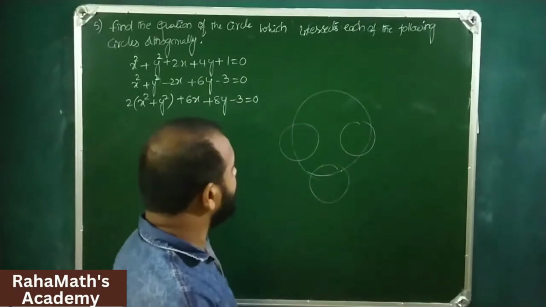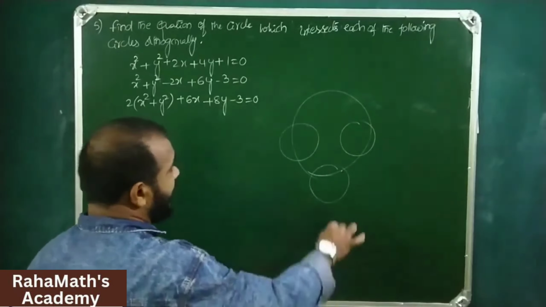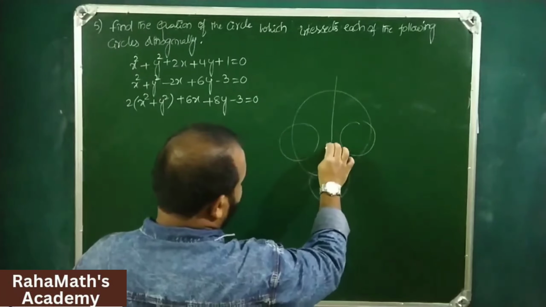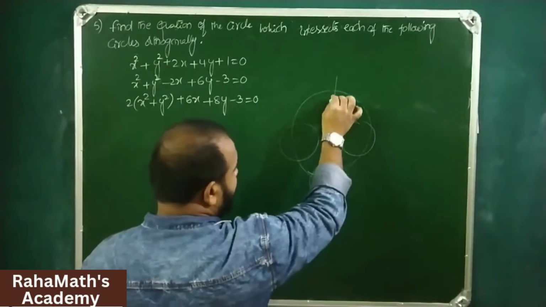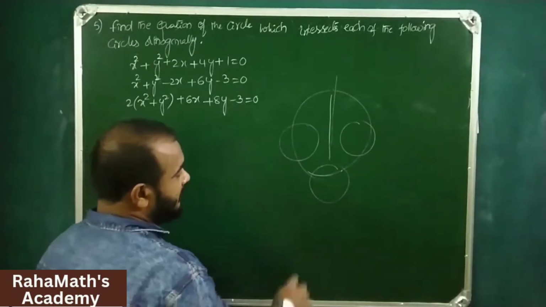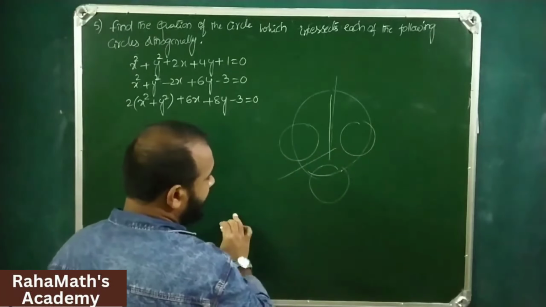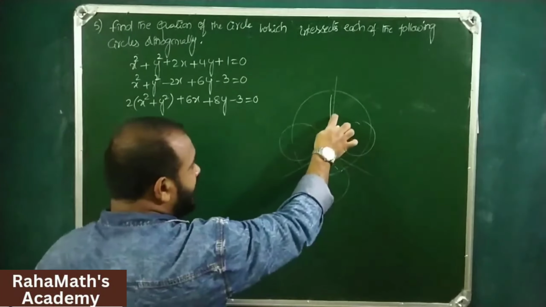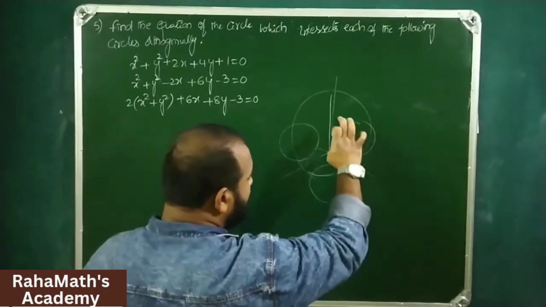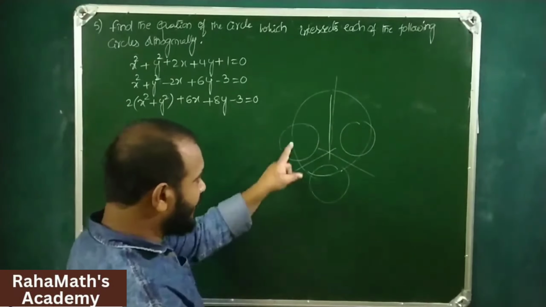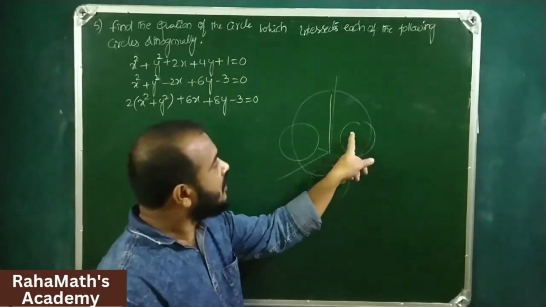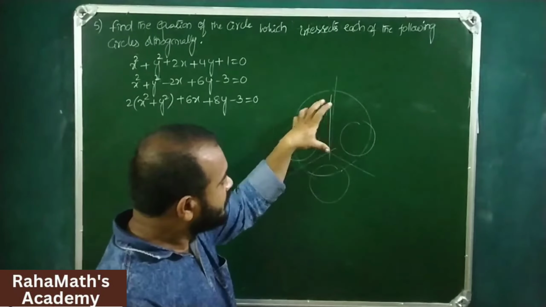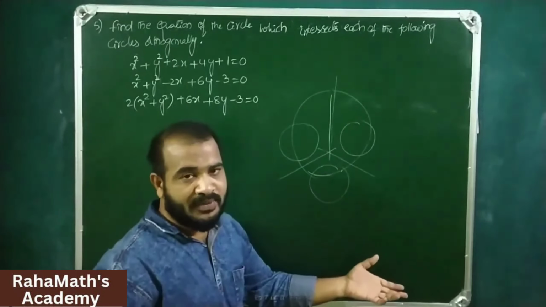Otherwise, the next concept is the radical axis. These 2 circles, you find the radical axis. This radical axis is nothing but a line. So this is S equals to 0, S dash equals to 0. S minus S dash equals to 0 is a line L. Likewise 3 line equations we will be getting.